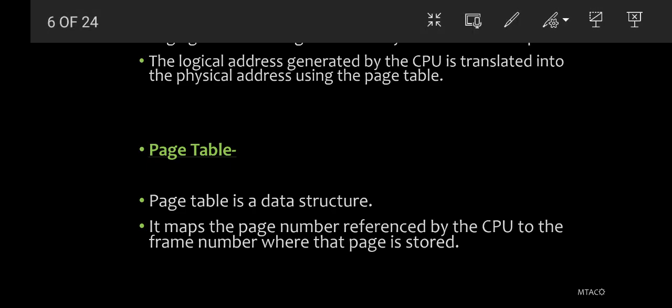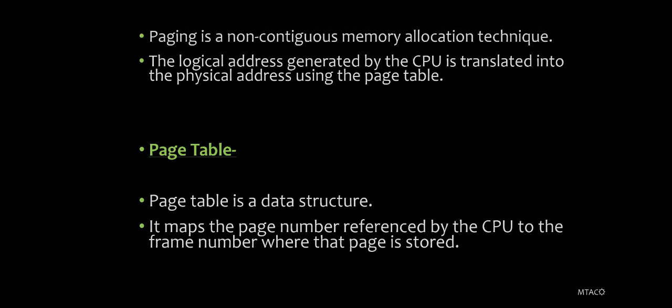What is a page table? A page table is a data structure. It maps the page number referenced by the CPU to the frame number where that page is stored. Again, it maps the page number referenced by the CPU to the frame number where that page is stored.